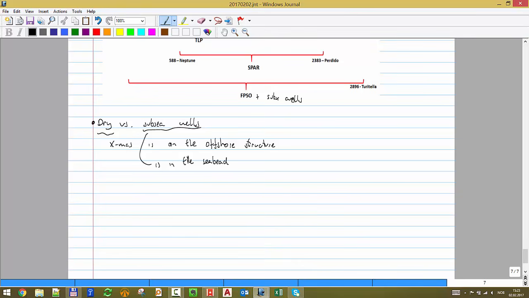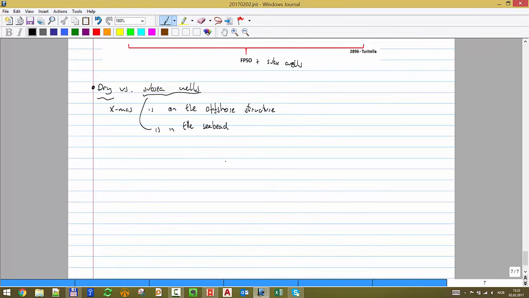So when to choose one or the other? That depends first on the reservoir structure. As I told you, if we have a very compact reservoir that is easy to reach from the same place, and not very spread, then in that case we tend to go for dry wellheads.